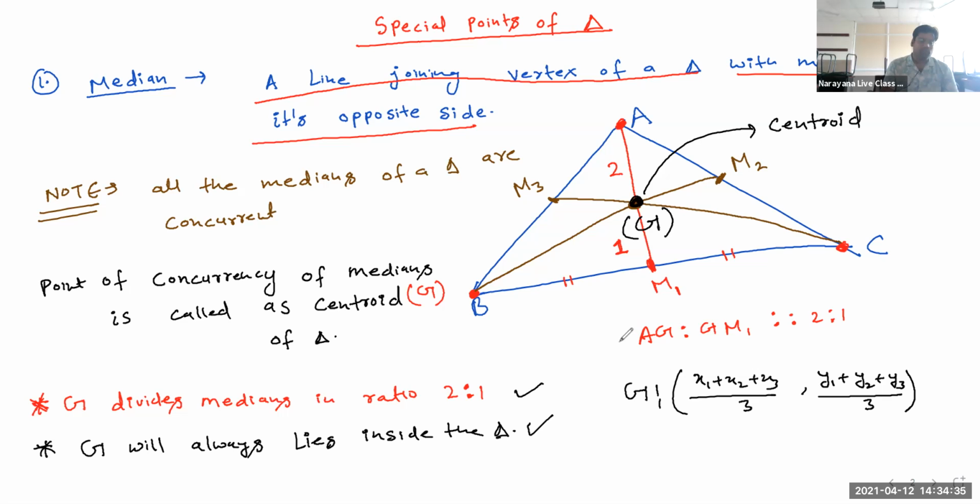So whatever you have to learn about the centroid is written in this slide. First of all, you should know what a median is. Then you should know what the point of concurrency of medians is, which is the centroid. You should also know G divides the median in ratio 2:1. You should also know the coordinate of G in terms of x1 to x3 and y1 to y3. And you should also know G always lies inside the triangle.